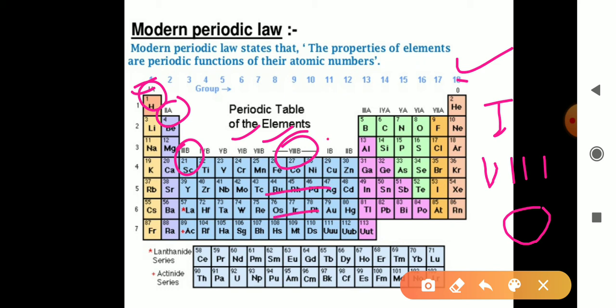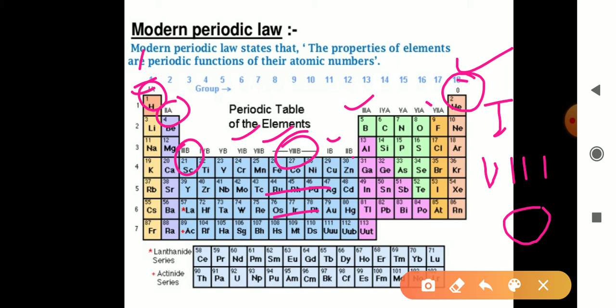Then again first B, second B, here third A to 7th A, and this last one is the 0. Okay, or generally it is classified from 1 to 18.